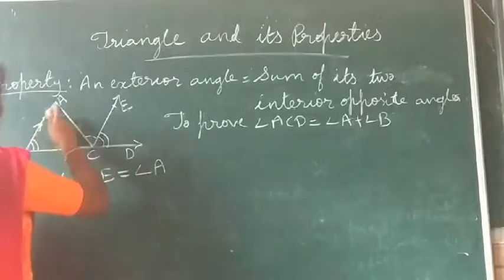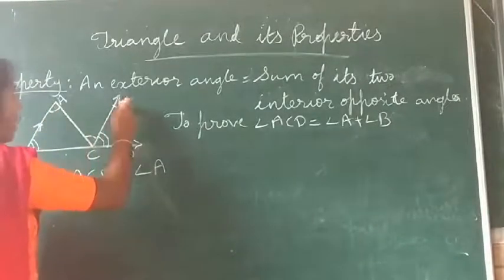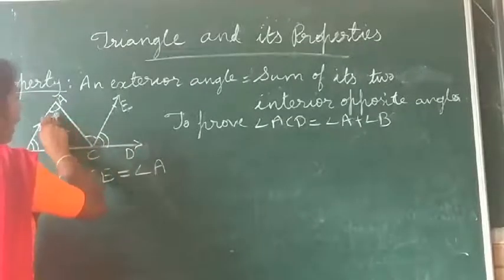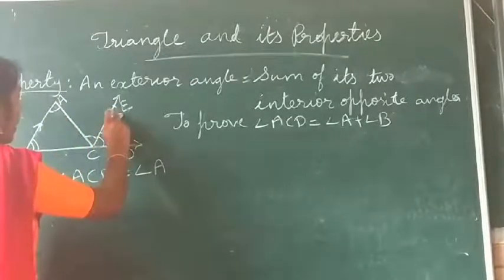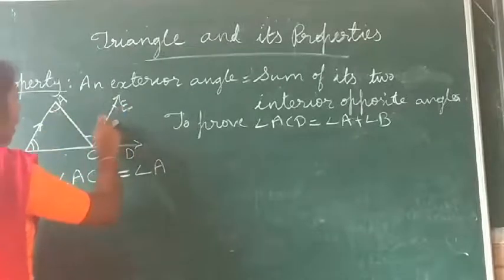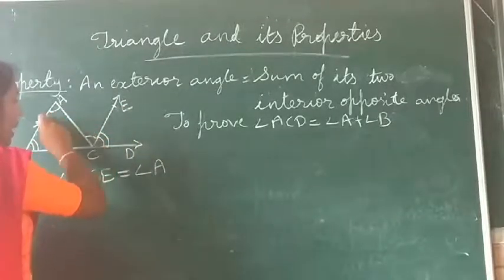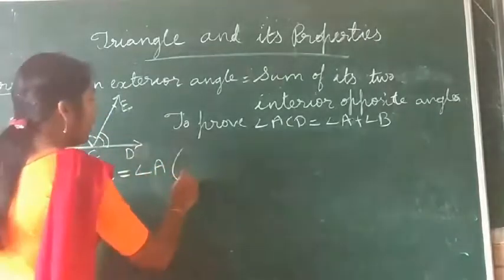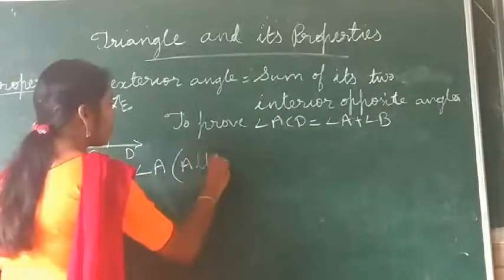When the lines BA and CE are cut by the transversal AC, alternate angles formed are angle A and angle ACE, and since the lines are parallel, those two angles are equal. So we get angle ACE is equal to angle A. We write the reason: alternate angles.